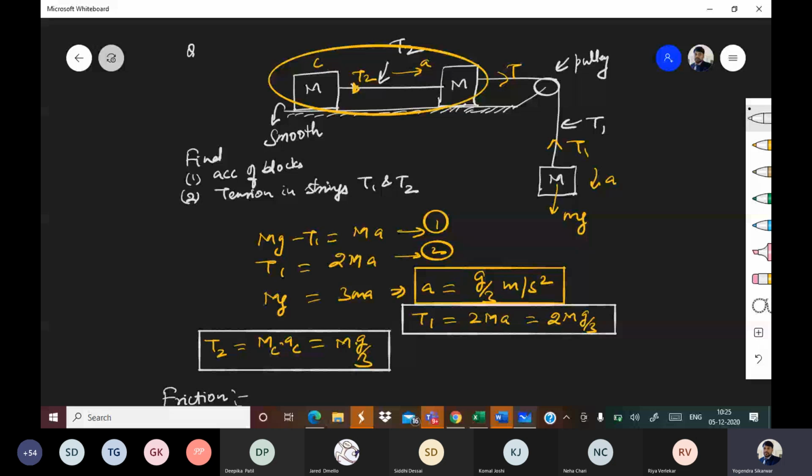So T1 is F resultant, which is equal to their mass 2m into acceleration a. When we solve these two equations, we get a is equal to g by 3, and then we got the values of T1 and T2 also. Understood, Asmita?